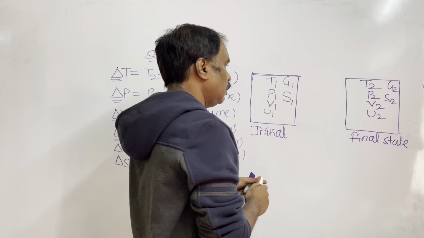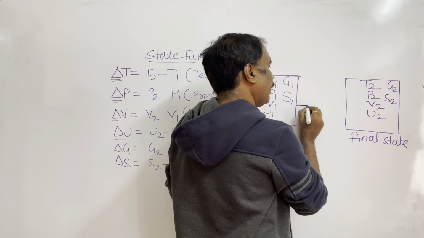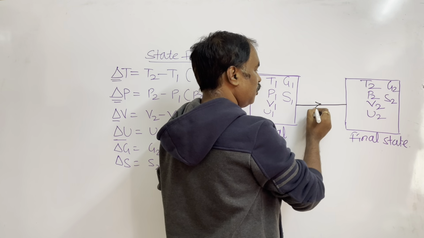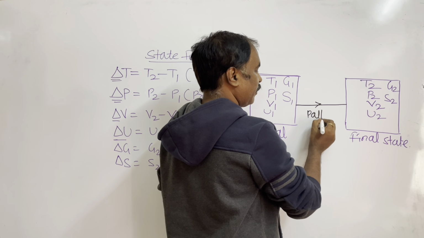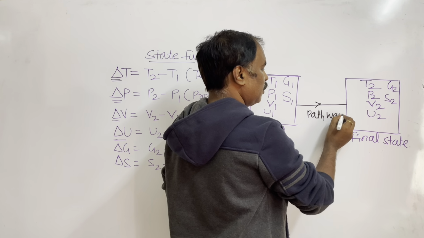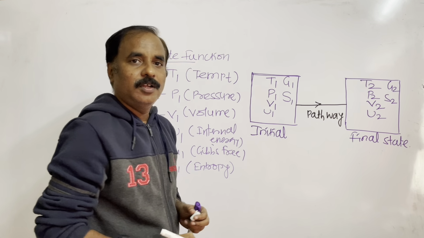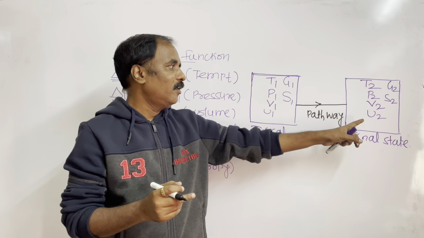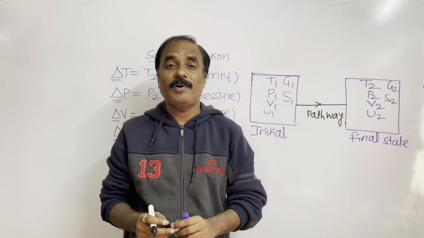See here, this pathway between final state and initial state, इसे हम क्या कहेंगे? That is a pathway. And a way between that is final state and initial state, it is said to be what? Pathway.